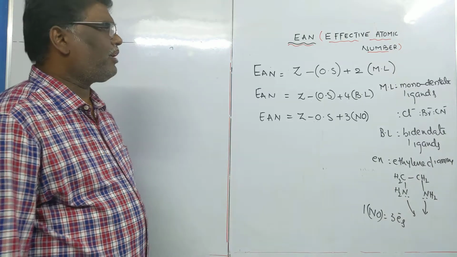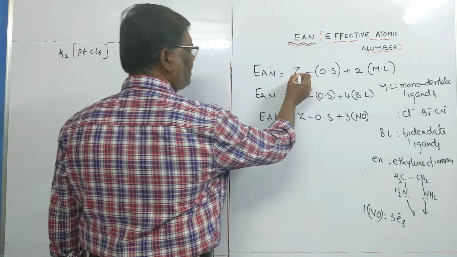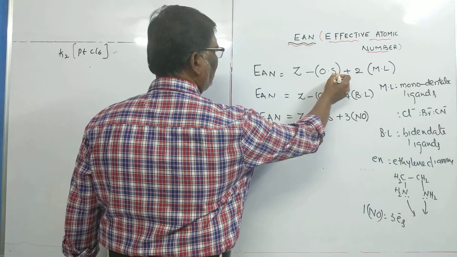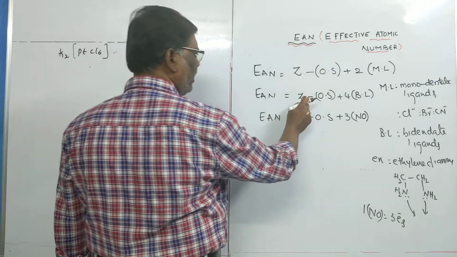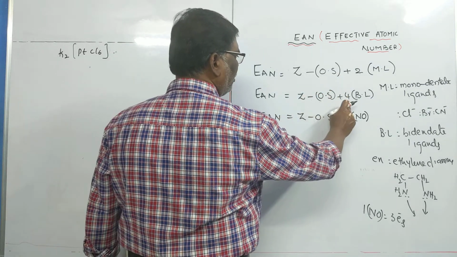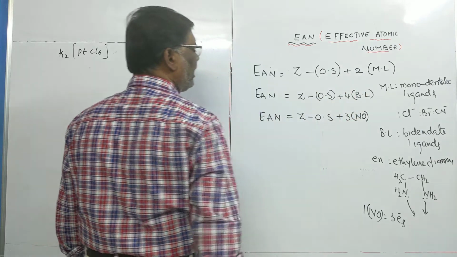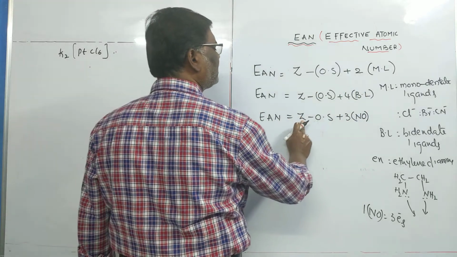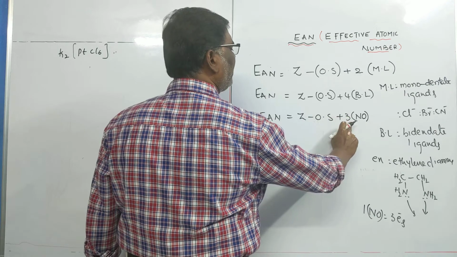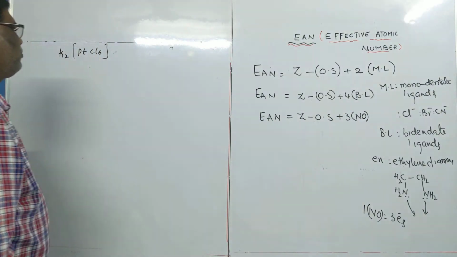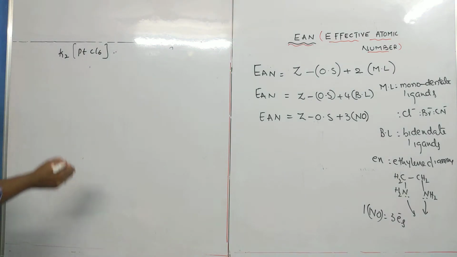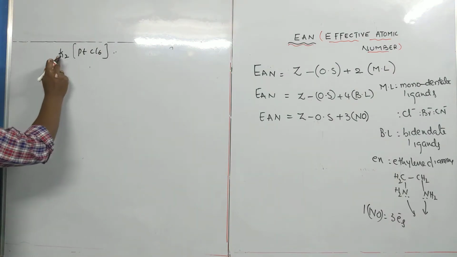It is calculated by the formula Z minus oxidation state plus 2 into monodentate ligands, or Z minus oxidation state plus 4 into bidentate ligands, or Z minus oxidation state plus 3 into monodentate NO molecules. Now one more example we are going to discuss.